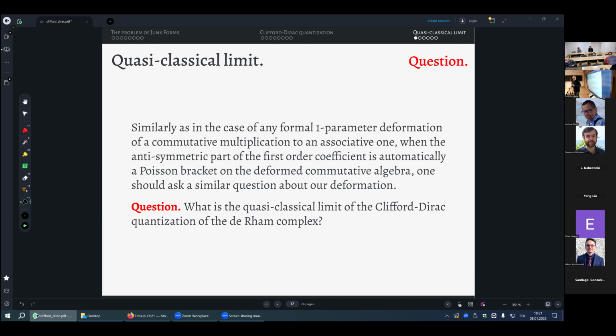If you have a parameter deformation, you can speak about the limit and the first derivative of this deformation.